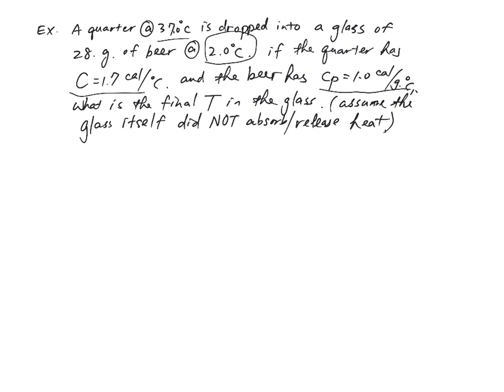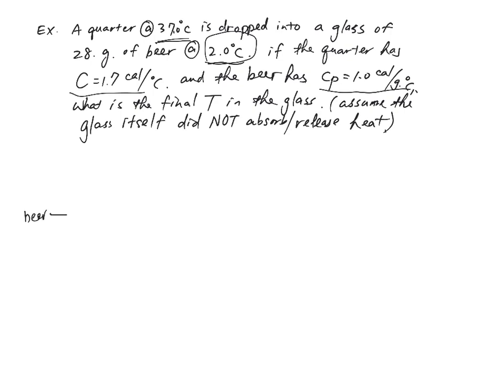So the process starts with your quarter's temperature starting to go down and your beer's temperature starting to go up. How long does that process last? No, I'm not asking you for a specific time. I want you to think: one of them is going up in temperature.